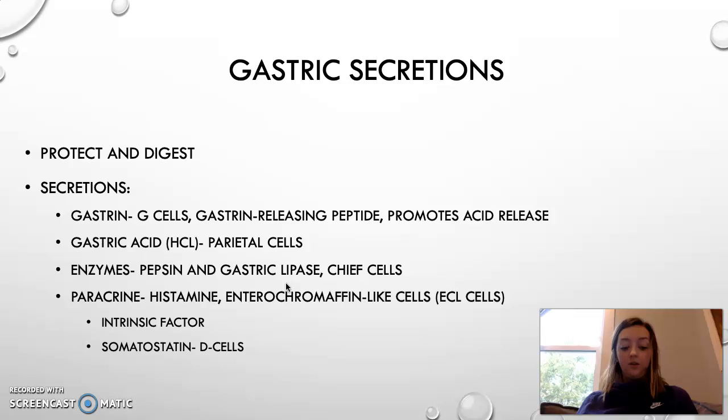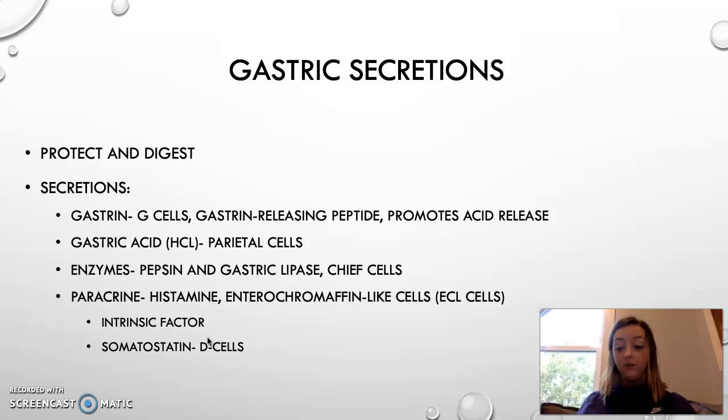And the job of histamine is to stimulate acid secretion when combining with the H2 receptors on the parietal cells. Intrinsic factor, on the other hand, is a protein that is secreted by parietal cells that combines with B12 to help with vitamin absorption later in the intestine.